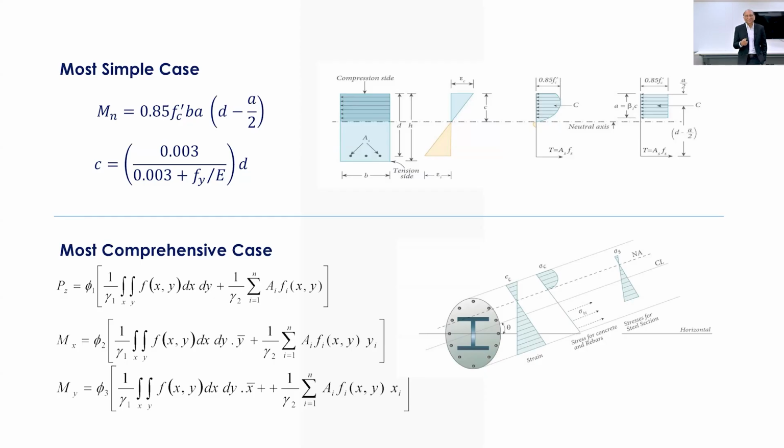Both of them are identical, only difference being that one is generic and general, the other one is very specific and very limited in terms of its application. So the two equations at the top and the bottom are identical in concept. Both of them are representing the capacity of a cross-section, one a moment capacity, the other one all three capacities simultaneously.